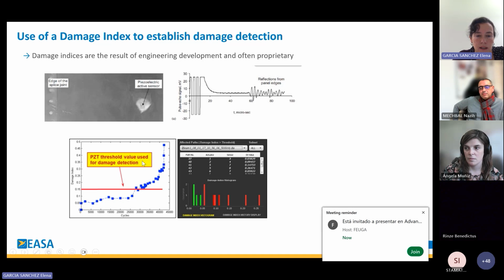We can see here in this example for a PCT sensor, you can imagine a crack growing, and for a certain crack length it gives a damage index, and the system is tuned so that above a certain damage index, here in red, it will give a positive that there is a damage.